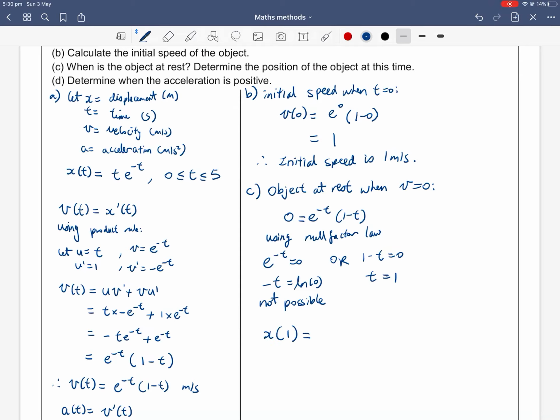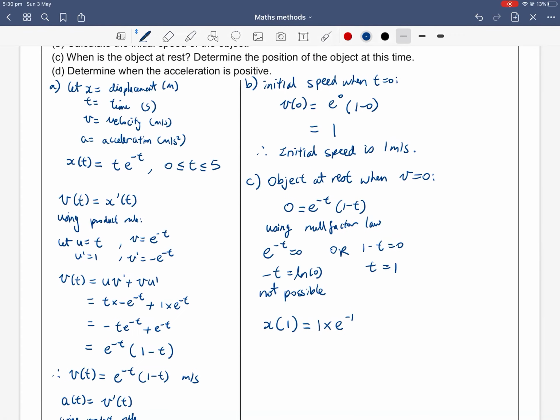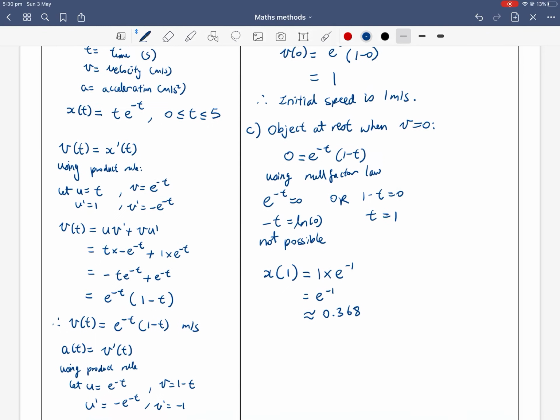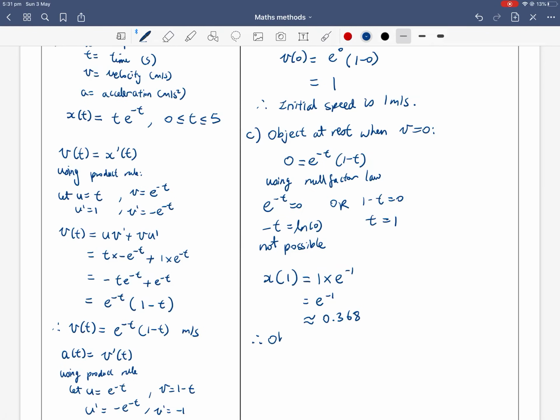What is the position at that time? So x at time 1 is 1 lots of e to the negative 1. So that's e to the negative 1, which is approximately, using a calculator, 0.368.